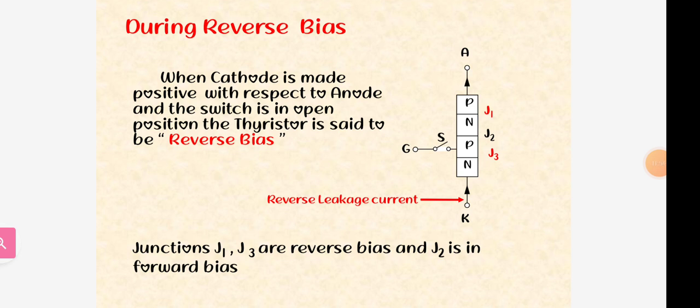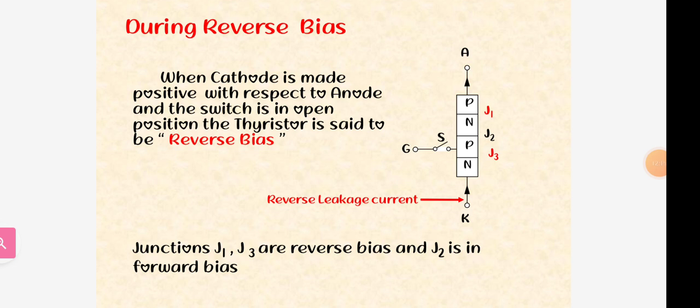This is known as the reverse blocking state of the thyristor. If the reverse voltage is increased, then at a critical breakdown voltage called the reverse breakdown voltage, an avalanche occurs at J1 and J3 and the reverse current increases rapidly.